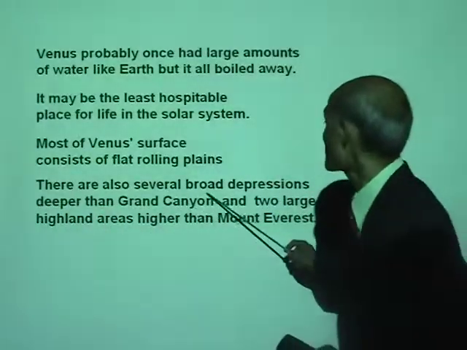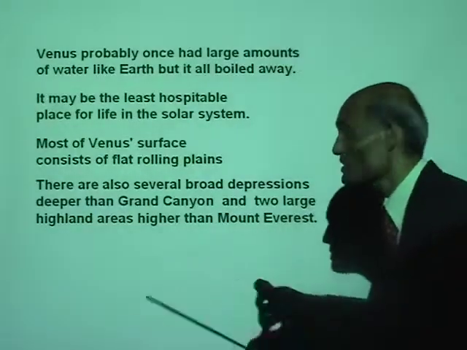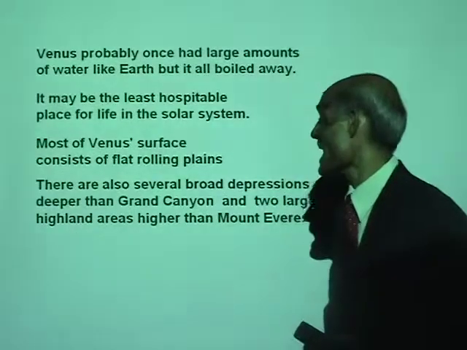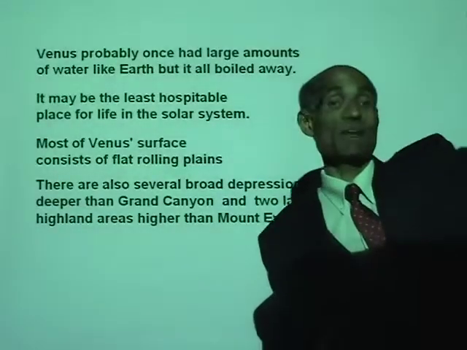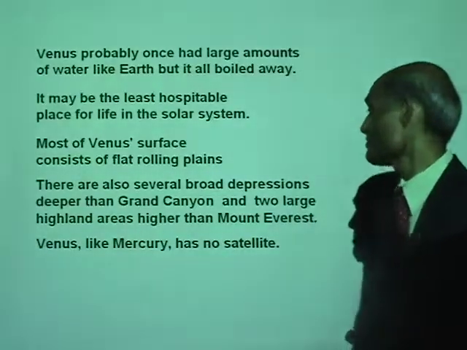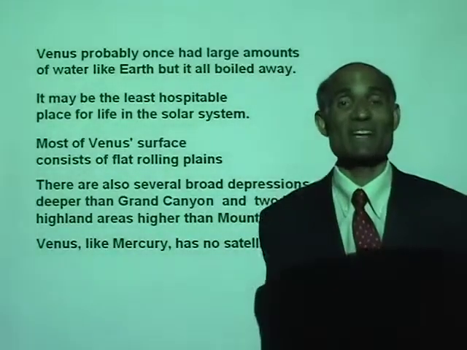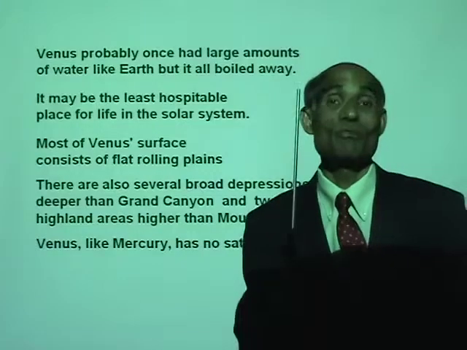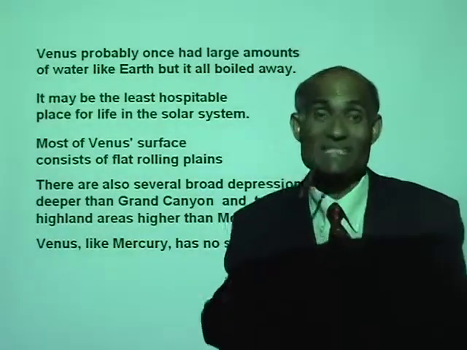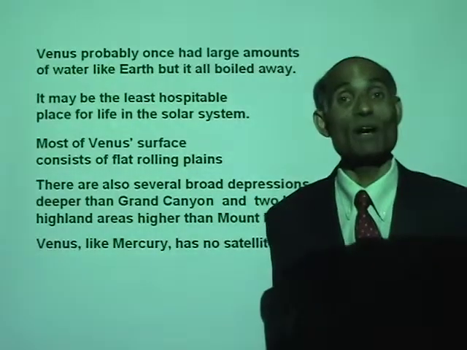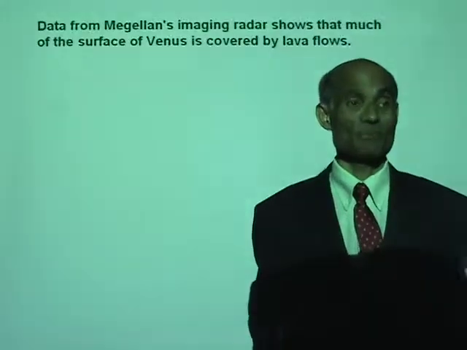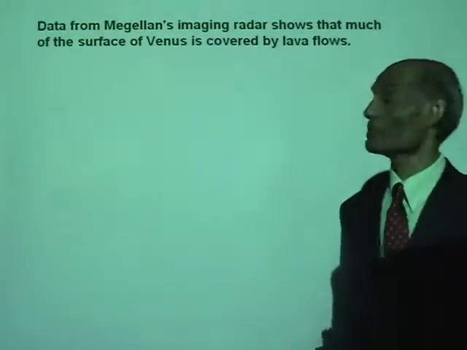There are also several broad depressions deeper than the Grand Canyon and two large highland areas higher than Mount Everest. Well, Venus, like Mercury, has no satellite. So, the first planet from the Sun that has a satellite is our dear Earth. We have one beautiful satellite. Don't we love it? Alright, we'll talk about our moon as we go on.